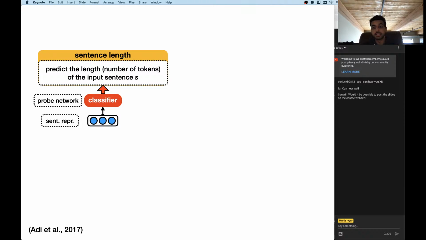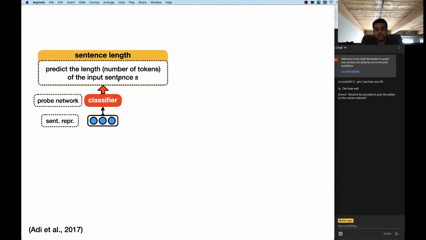So it's not like normal BERT fine-tuning, in which the error signal would propagate all the way down into the base BERT model. The reason for this is that we are interested not in maximizing our score on this task of sentence length prediction, but rather in knowing how well this fixed blue vector can do at predicting the sentence length.